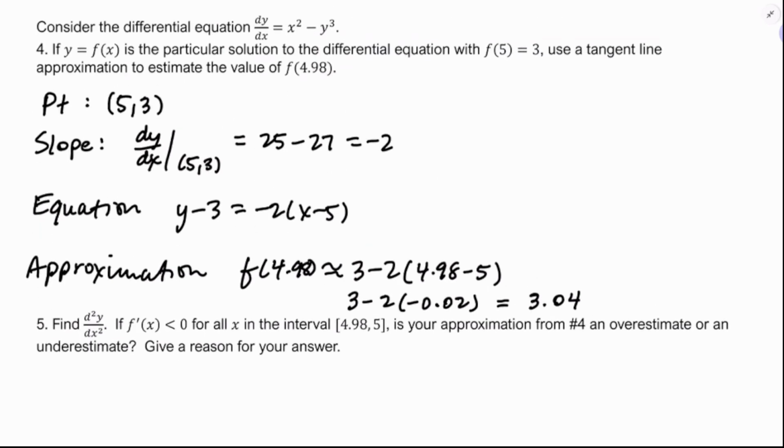So I'm going to take the derivative of dy dx implicitly. I feel like that's a typing error, but I'd kind of borrowed this from a recent free response problem. So I take the derivative implicitly, 2x minus 3y squared dy dx.